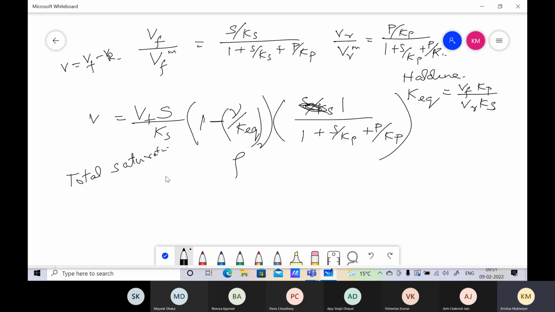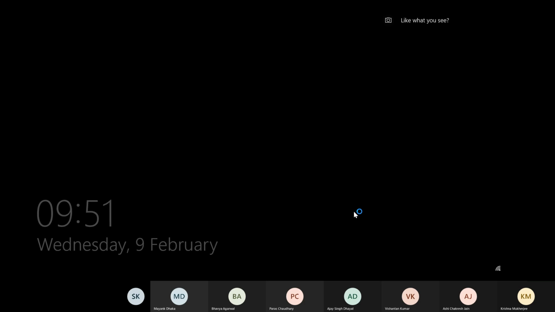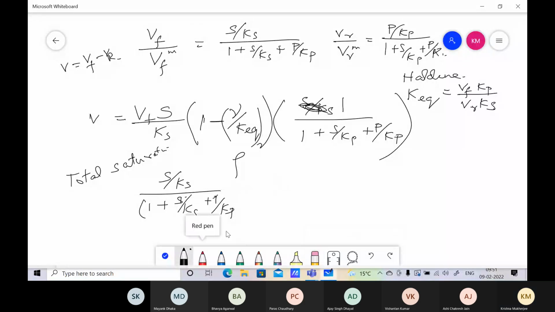The total saturation is S by Ks upon 1 plus S by Ks plus P by Kp, for the forward, plus, of course, P by Kp upon 1 plus S by Ks plus P by Kp.